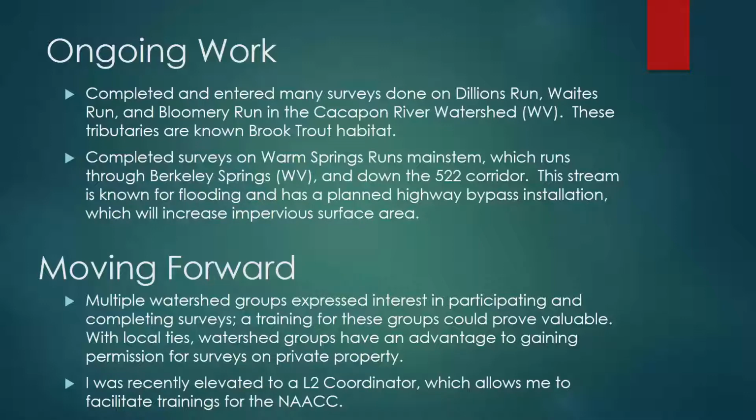We also completed surveys on Warm Springs Run main stem. That runs through Berkeley Springs and down the 522 corridor. That stream is known for flooding and has planned highway bypass installation, which will inevitably increase impervious surface area. So it was nice that we were able to complete the work pretty quickly and then actually move on to a few other watersheds and get some surveys on the website.